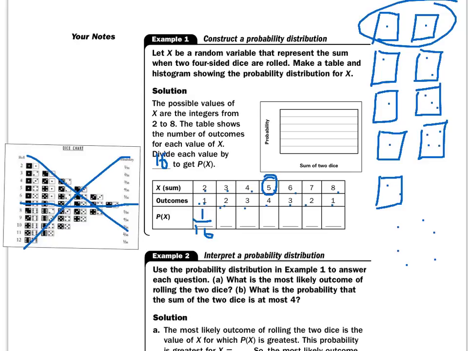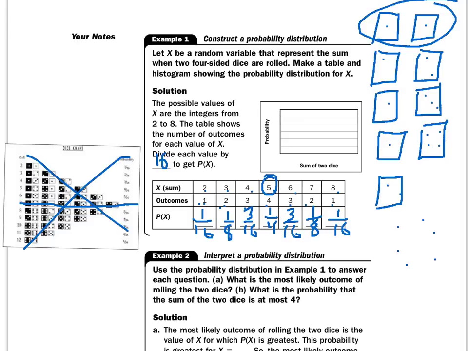Your chances of rolling a 3 would be 2 out of 16 or 1 out of 8. And you have 3 out of 16 here, 4 out of 16 or 1 out of 4, 3 out of 16 here for the 6, 2 out of 16 or 1 out of 8 again, and then 1 out of 16. So those are all the different possibilities.